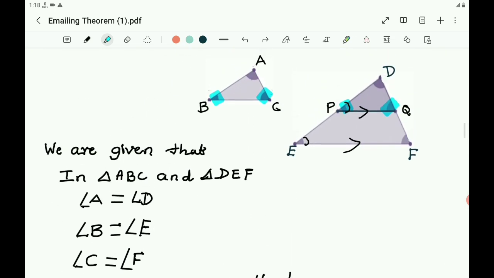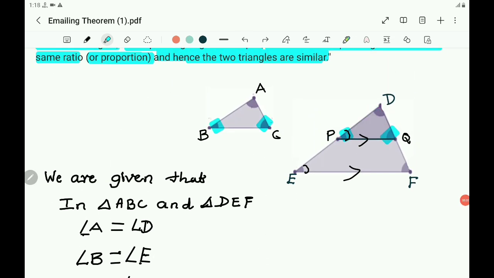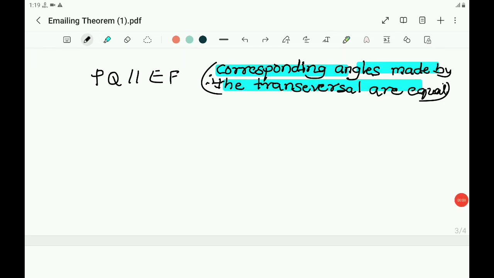Then you can write DP by DE equals PQ by EF equals DQ by DF. In the first step, you apply the Thales theorem and its corollary.